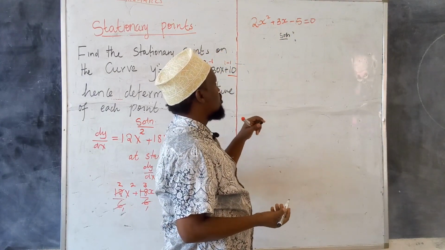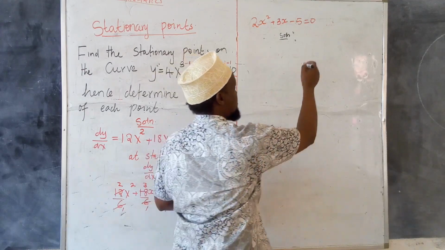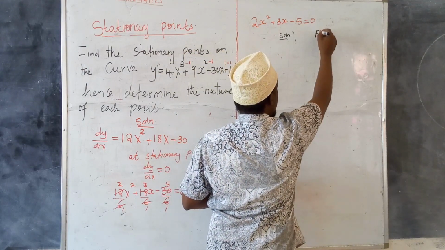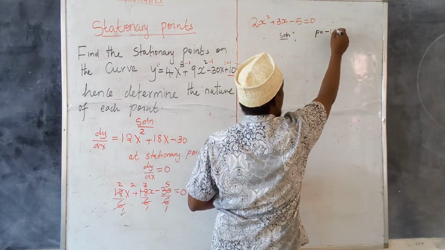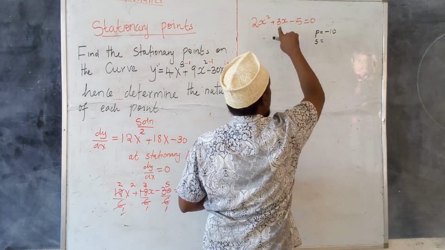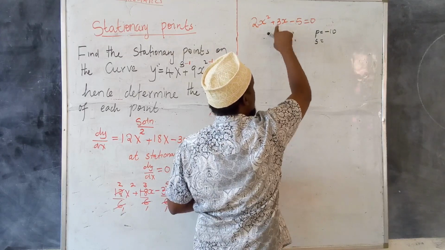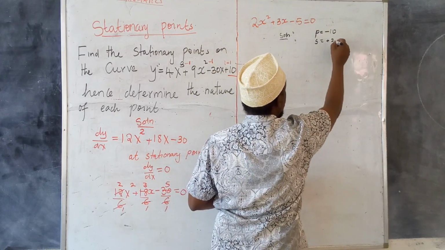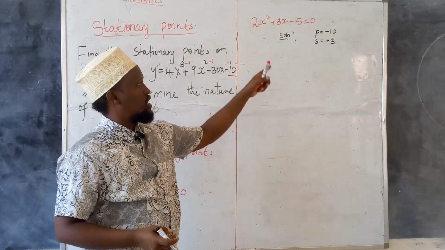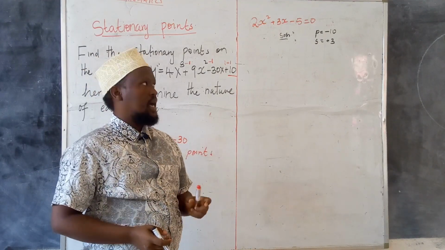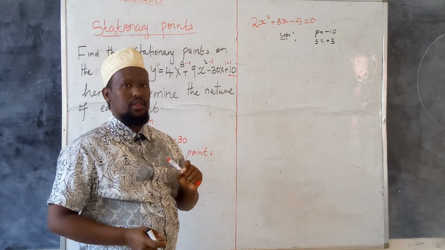In this case, let me use the product and sum method. So the product will be 2 times negative 5, we have negative 10. And the sum will be the value of b, which is positive 3. So we have to look for two numbers. When you multiply, you get negative 10. And when you add, you get positive 3.